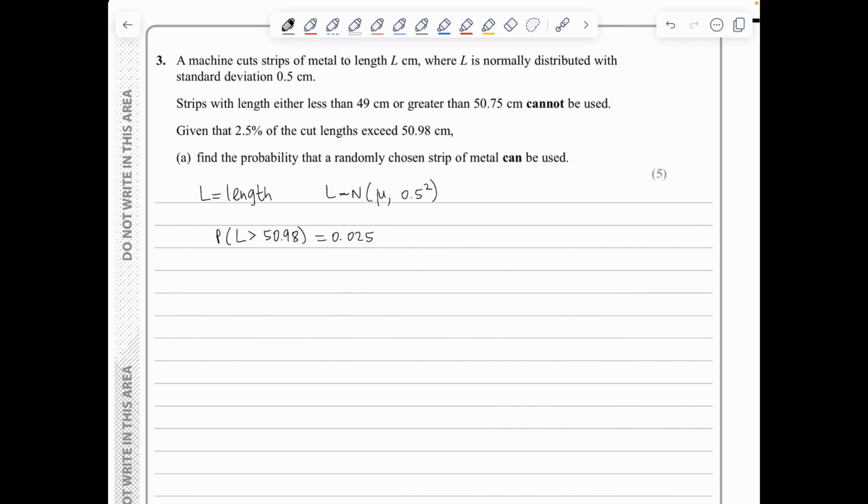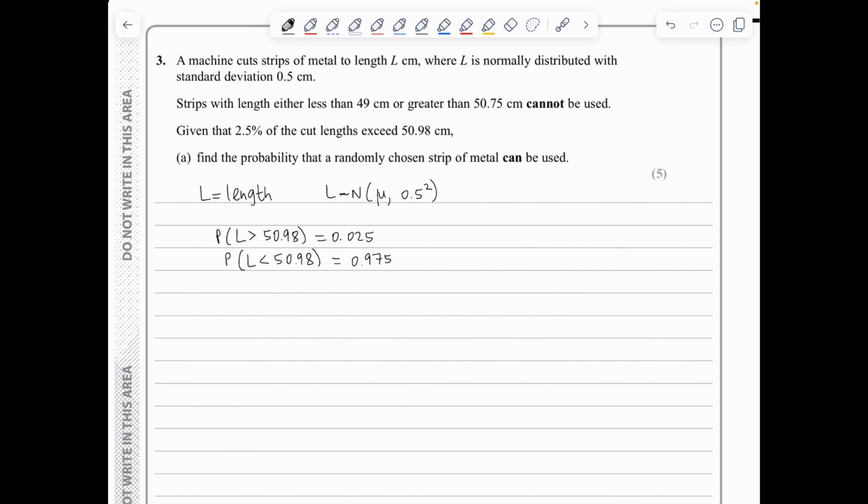Before I do that, I would like to convert the greater than into a less than. So if the probability of being greater than 50.98 is 0.025, this simply means that the probability that L is less than 50.98 should be equal to 0.975. In other words, 2.5% are above the 50.98 mark and 97.5% are below.